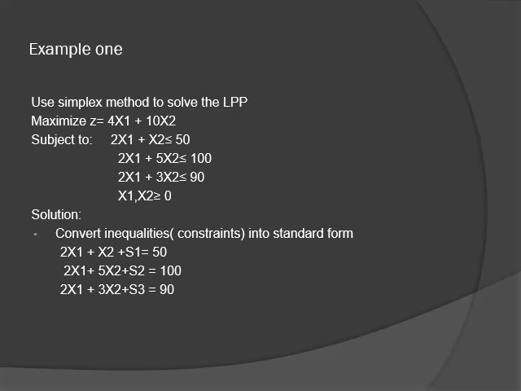For example, given the following linear programming problem where max z equal 4x1 plus 10x2 subject to 2x1 plus x2 less than 50, 2x1 plus 5x2 less than 100, 2x1 plus 3x2 less than or equal 90, x1 x2 more or equal 0.